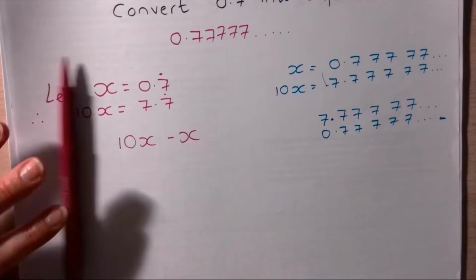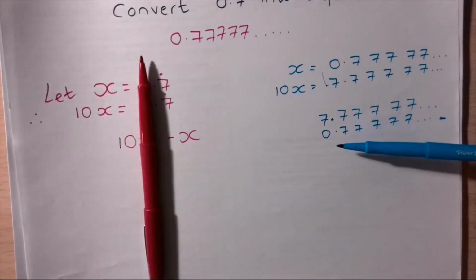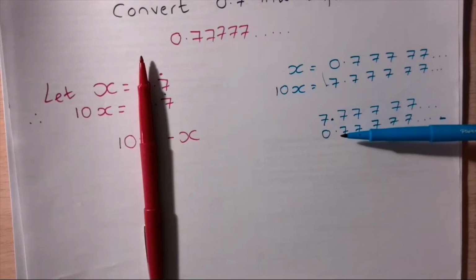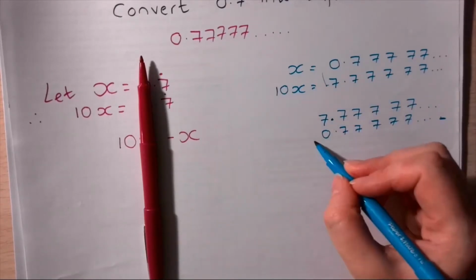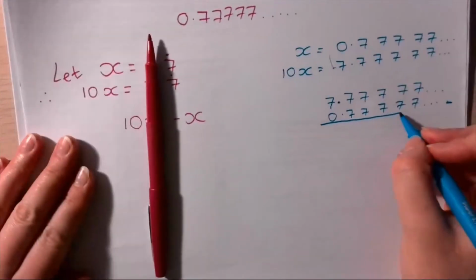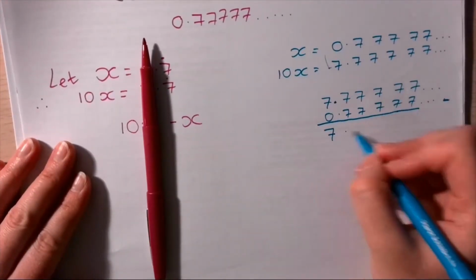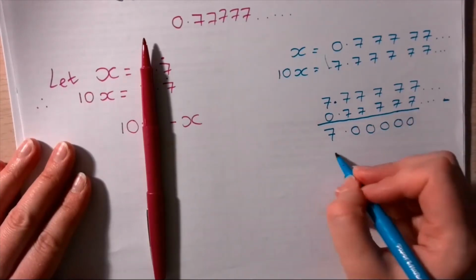When we subtract that, all of these 7s actually cancel out, because you're taking an infinite number of 7s away from an infinite number of 7s, so they all disappear, and we end up with 7.00000, which of course is 7.